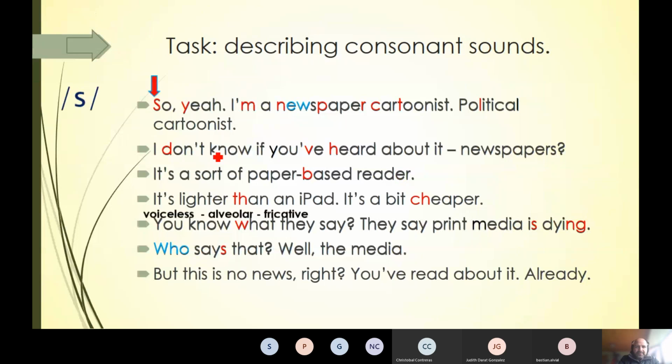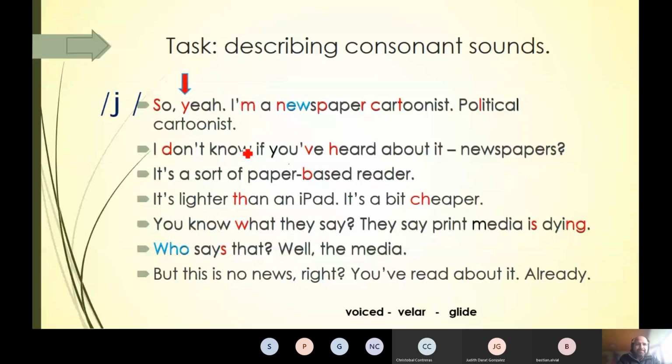So, for instance, we have s, which is voiceless, as you know, alveolar and fricative, right? Then we have this next one, which is y, as in yeah, which is voiced. It is a palatal sound, and it's a glide or semi-vowel, right?